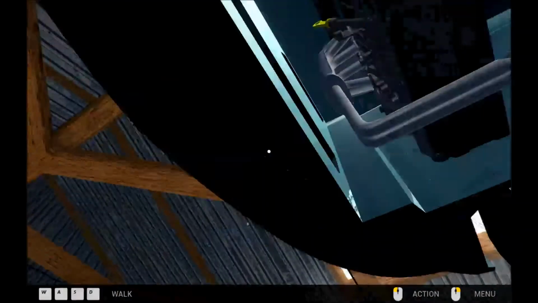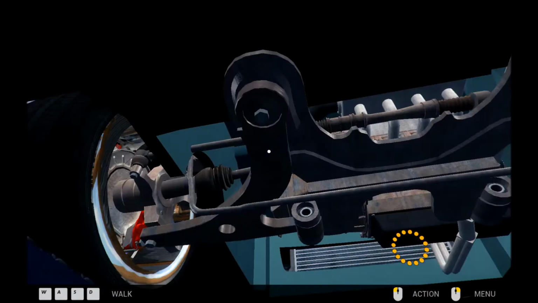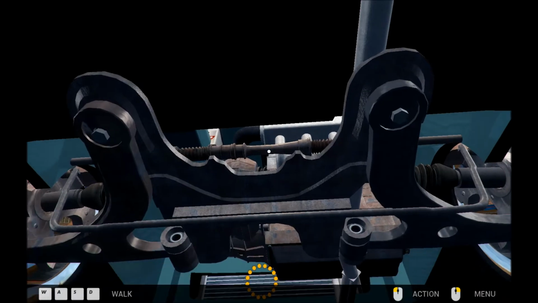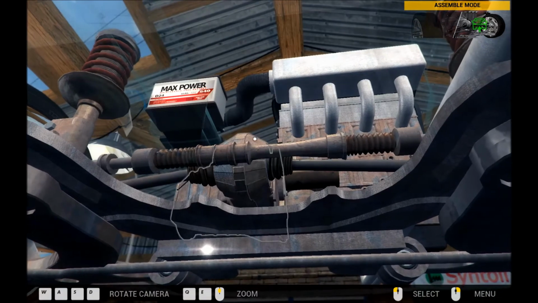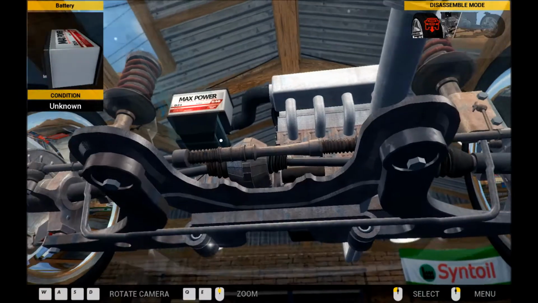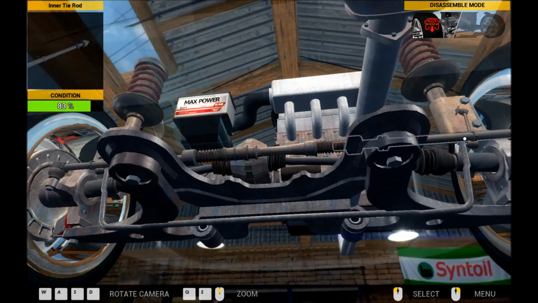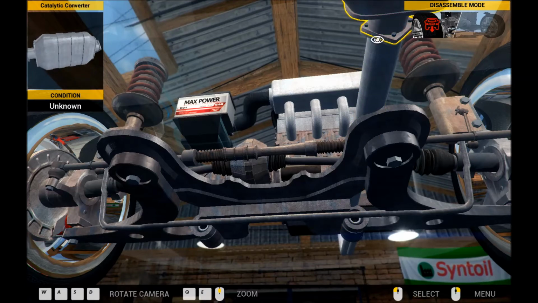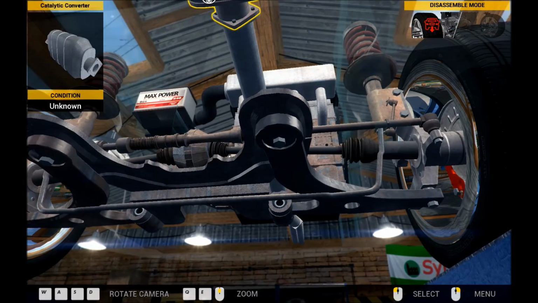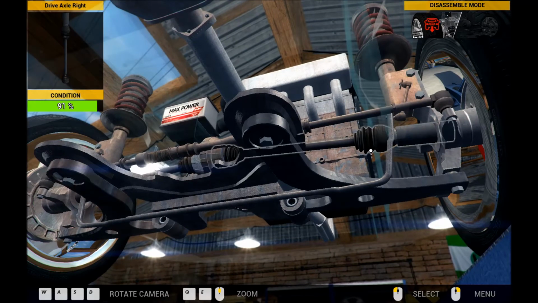I mean, it all looks okay. 85, 80. Oh, exhaust pipe. I write these things. I remember them from before. Nothing obvious.